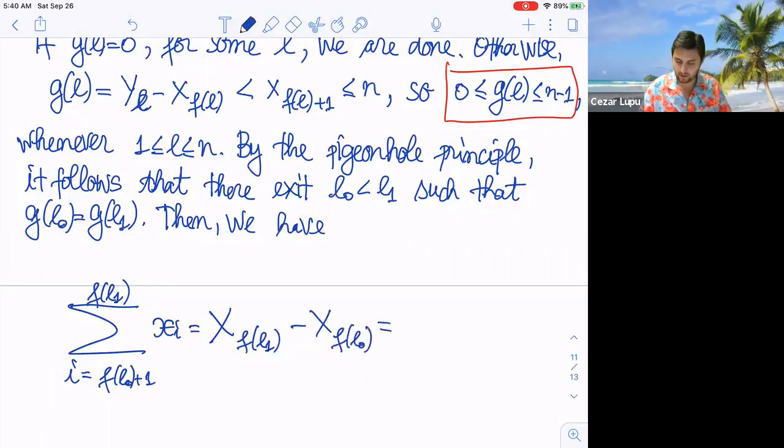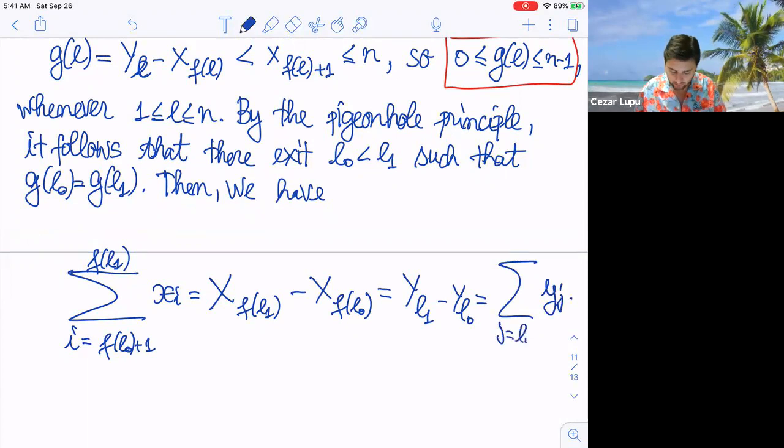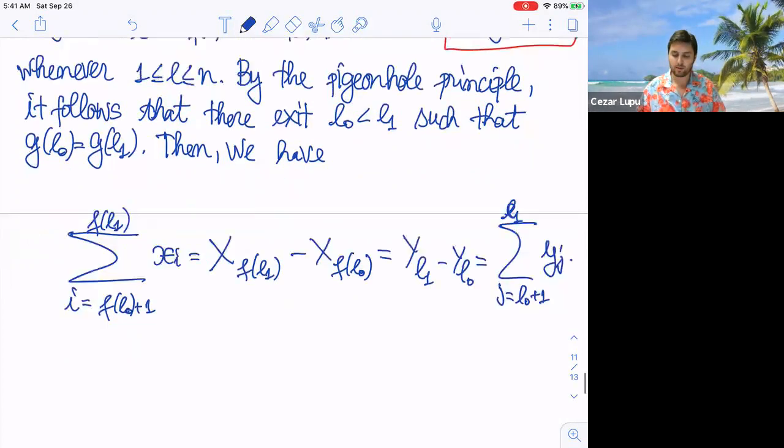But this is nothing else than y of L1 minus y of L0, and I can write this as the sum of yj's, where j goes from L0 plus 1 all the way to L1. And that's it, we're done.